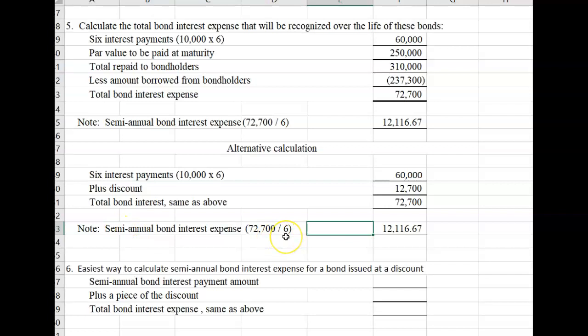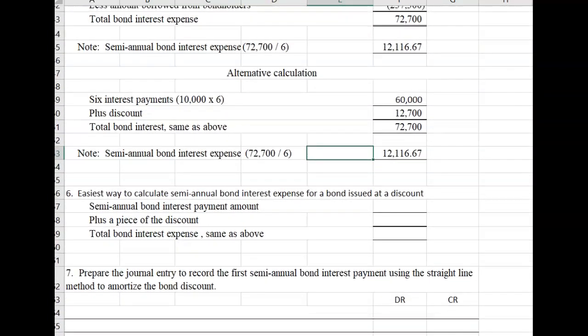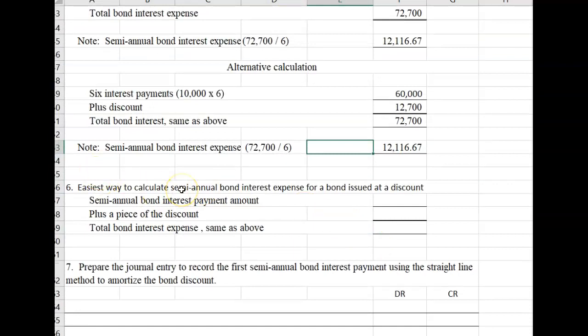If we divide that by 6, we calculate the very same semi-annual bond interest expense of $12,116.67.